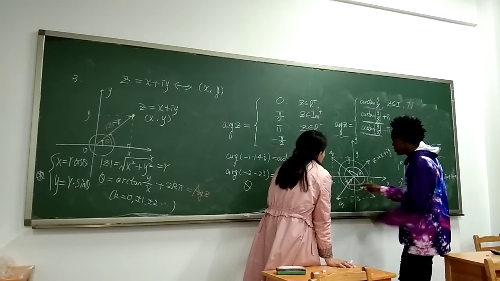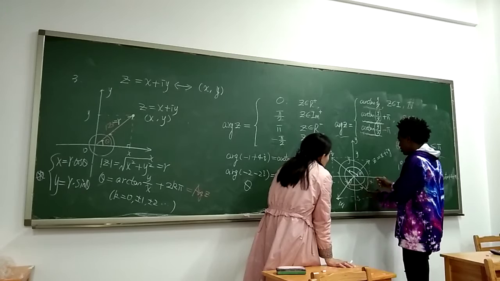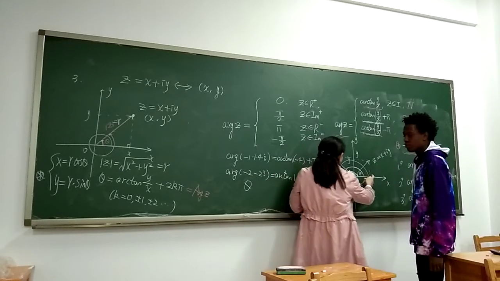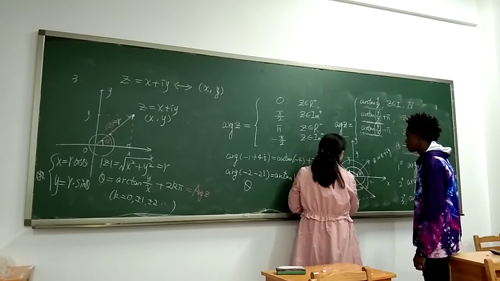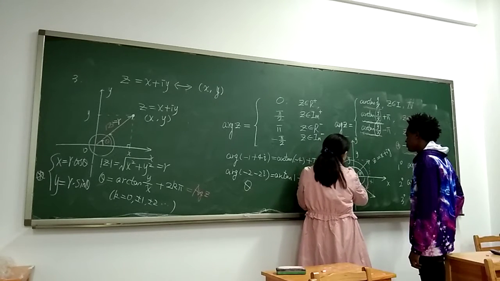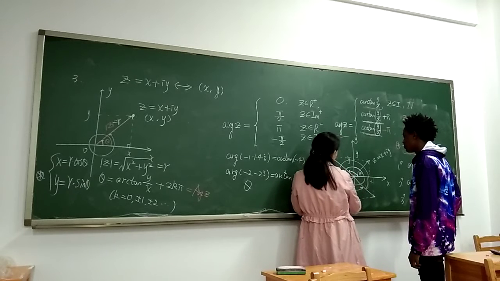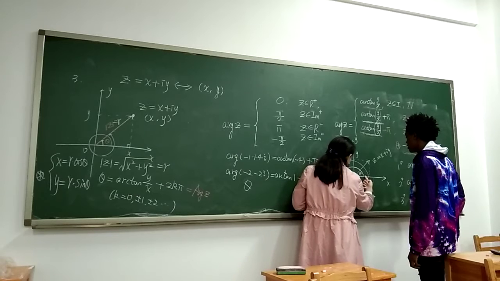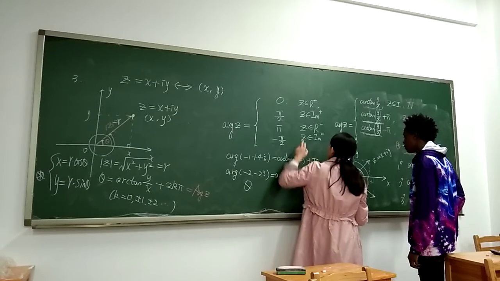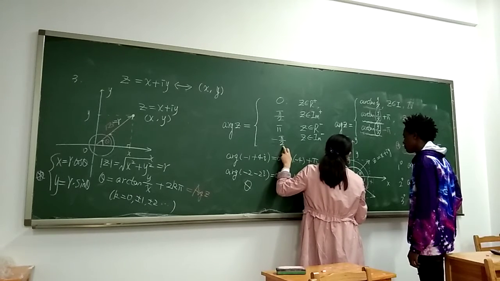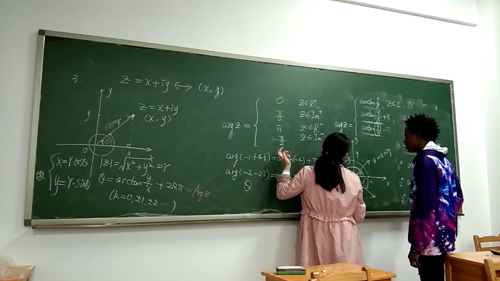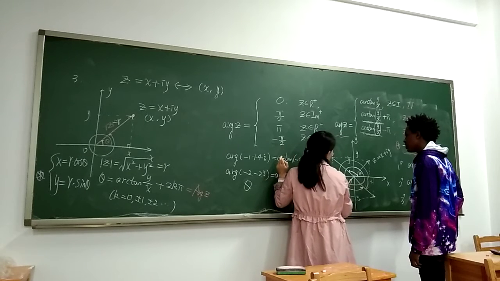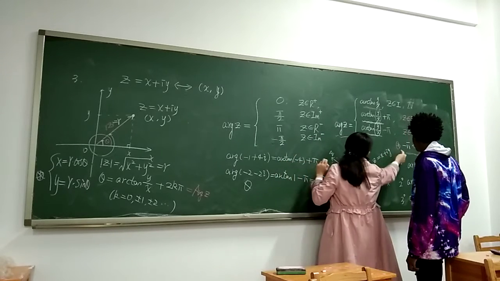If this one is so big, because here is 0, here is pi, this big angle is more than pi, so it does not satisfy this. But if you choose this red one, this is 0, this is minus pi/2, so here it is more than minus pi, but less than minus pi/2. So it satisfies this one.